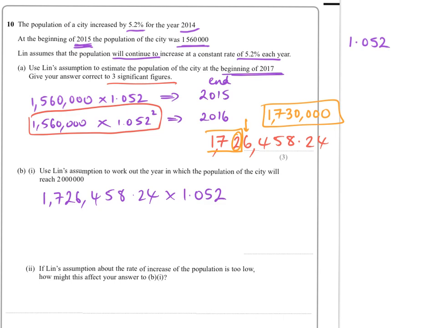So times 1.052, and that's going to be the end of 2017, so beginning of 2018, and that's the population here, 1.816.